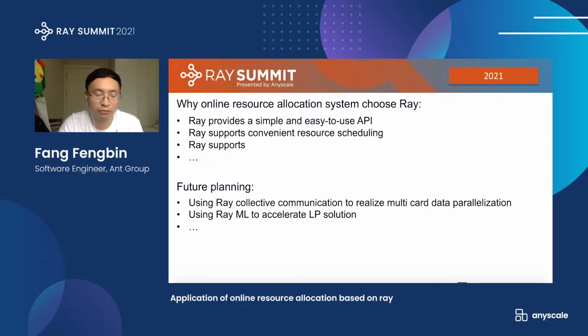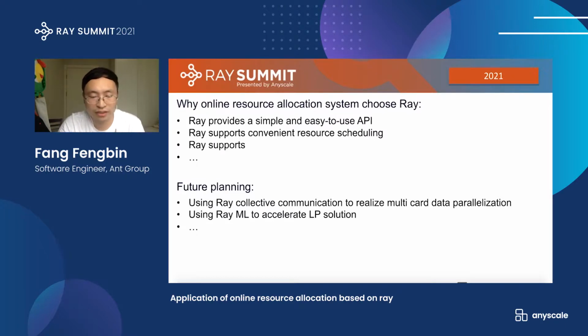For example, we just use 50 lines of code to implement the iterative calculation of bulk synchronous parallel mode. The offline, nearline, and online links involved in online resource allocation are all implemented based on Ray, which greatly reduces the learning and maintenance cost of development.